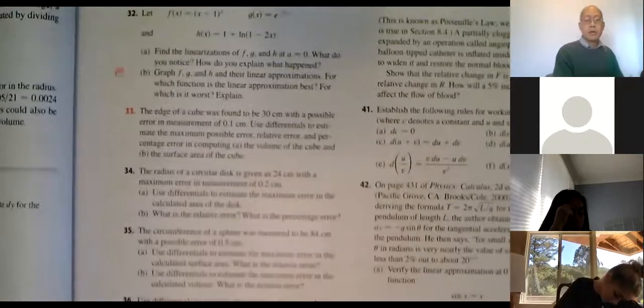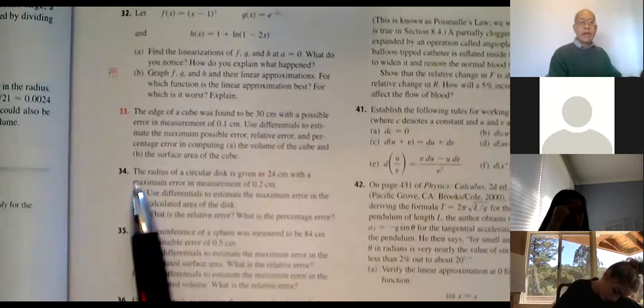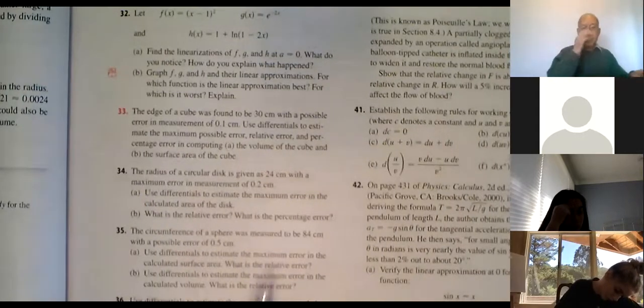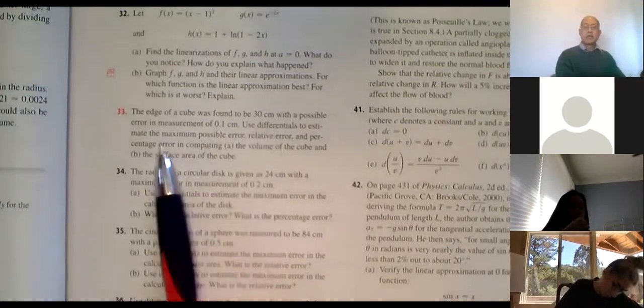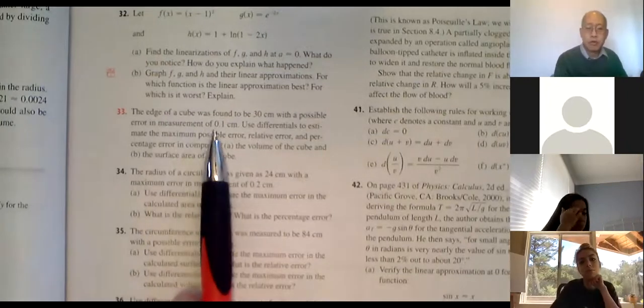Okay, then the last one was 33, and then I'm pretty much done. The edge of a cube was found to be 30 centimeters with possible error in measurement of 0.1 centimeters.